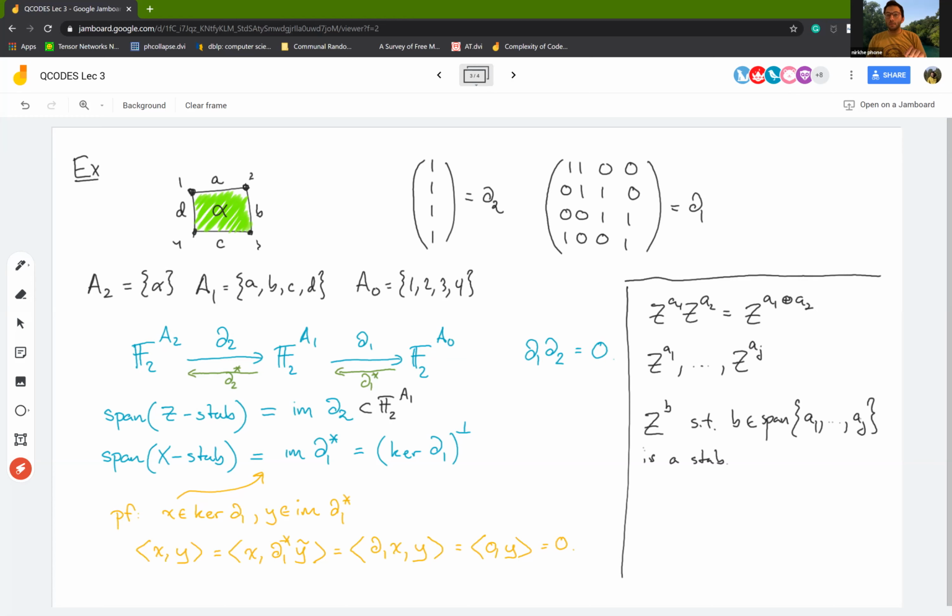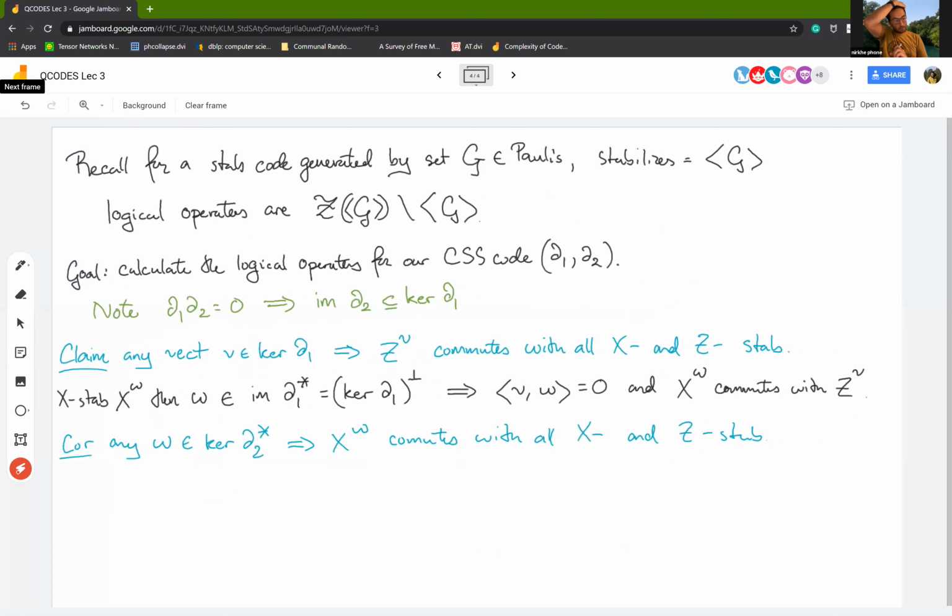But just flip your head sideways, and I can think of it as a cell complex going from A0 to A1 to A2 with maps delta 1 perp and delta 2 perp. So if I just flip the picture around, I get the same object. So what you prove in one direction, you should also be able to see in the other direction backwards.